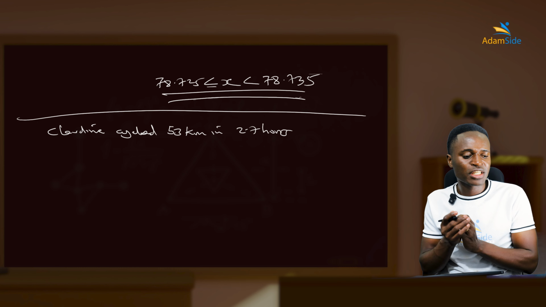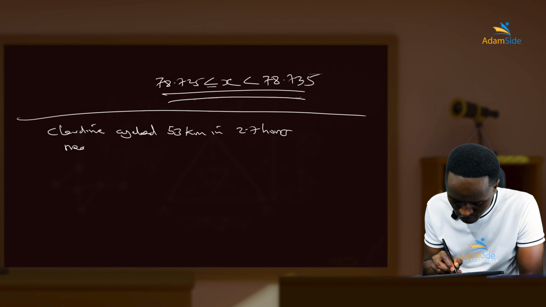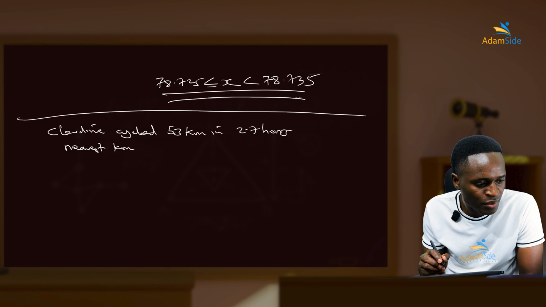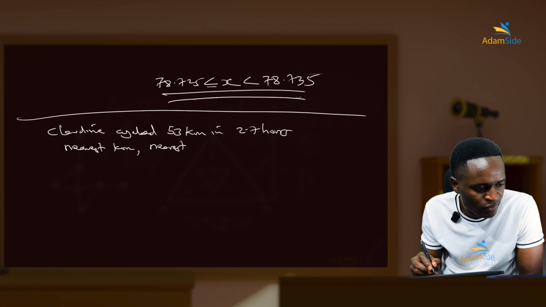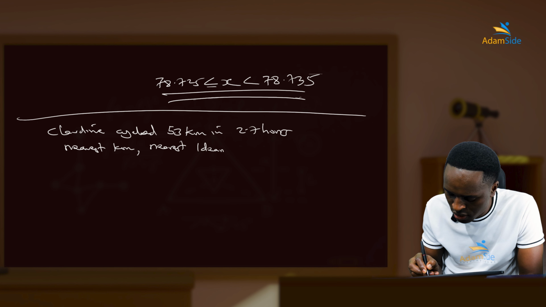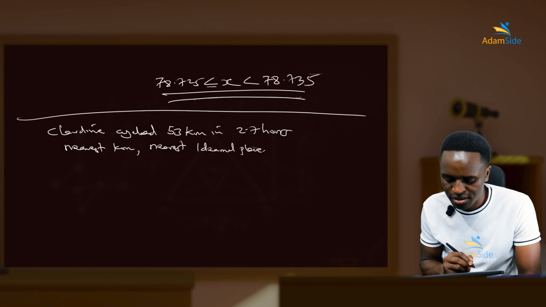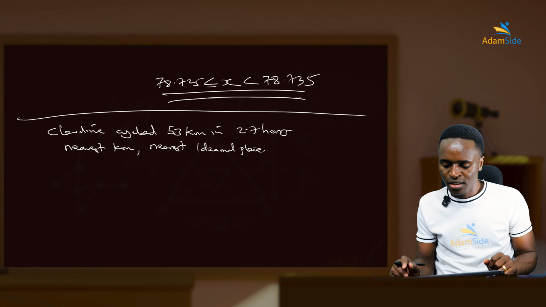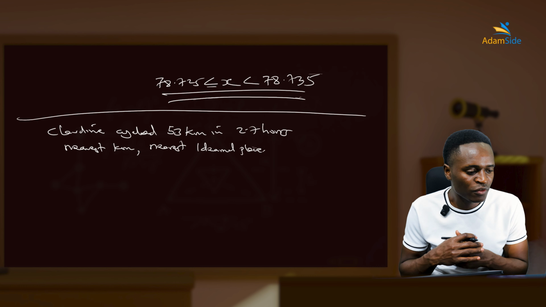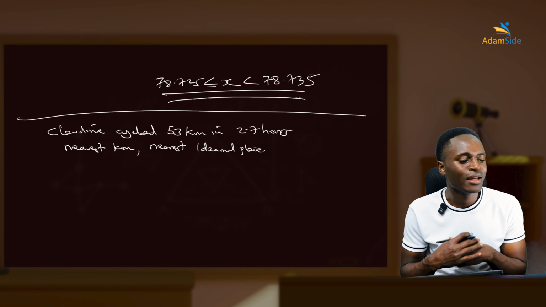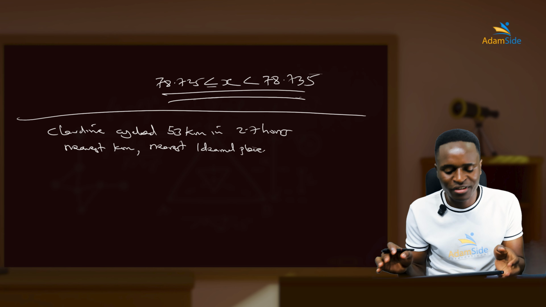The distance is measured correct to the nearest kilometer, and the time is given correct to 1 decimal place. Give your answer correct to 2 decimal places. So, calculate the lower and upper bound of her average speed.